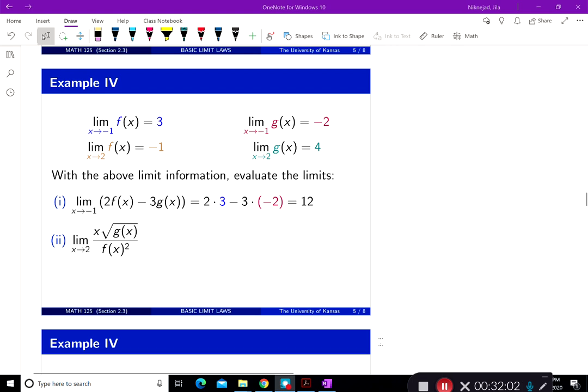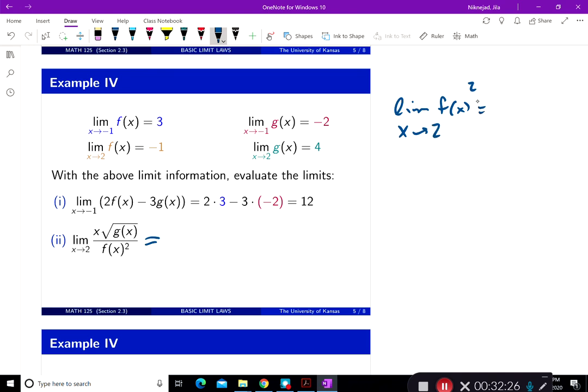So the next example is another quotient rule. What we need to do first is to make sure that the limit of the denominator is non-zero. So let's figure out the limit of the denominator as x approaches 2.